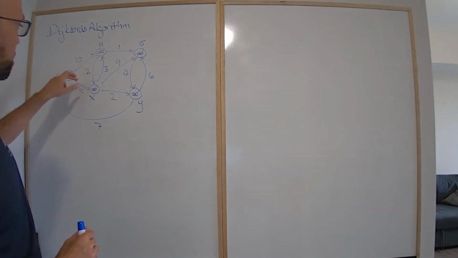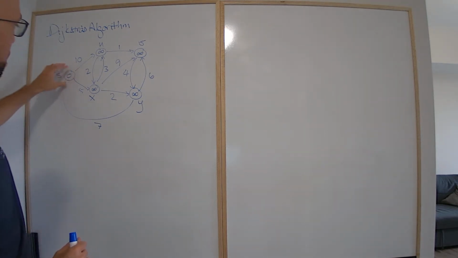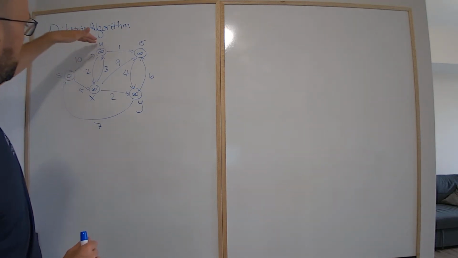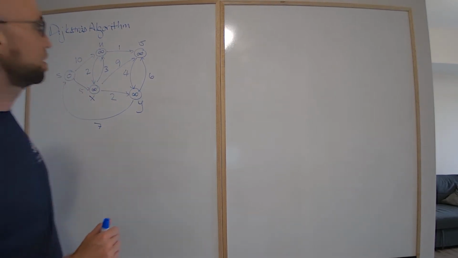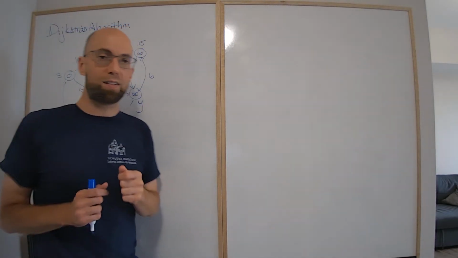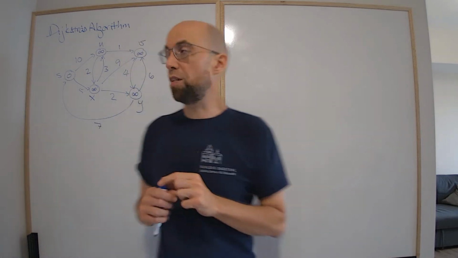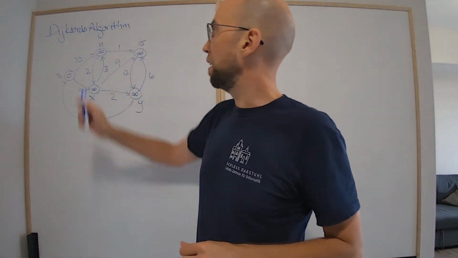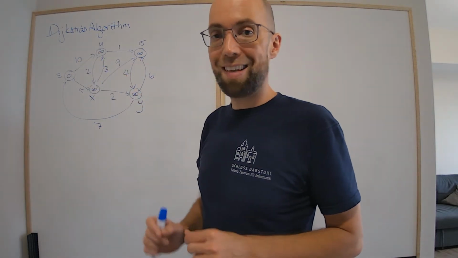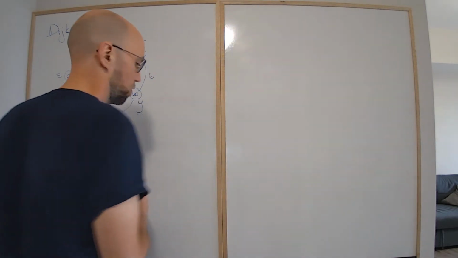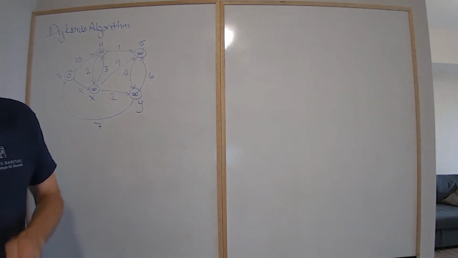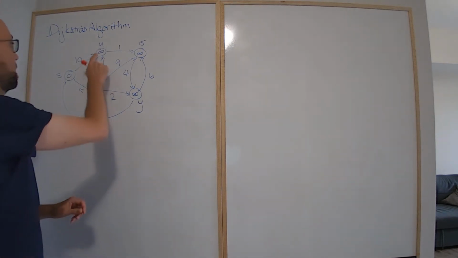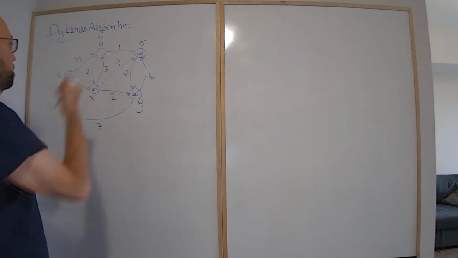So first, you're going to look and say, okay, from S, I can reach U and X. So the distance to U is at most 10. This is why we put the 10 in red.